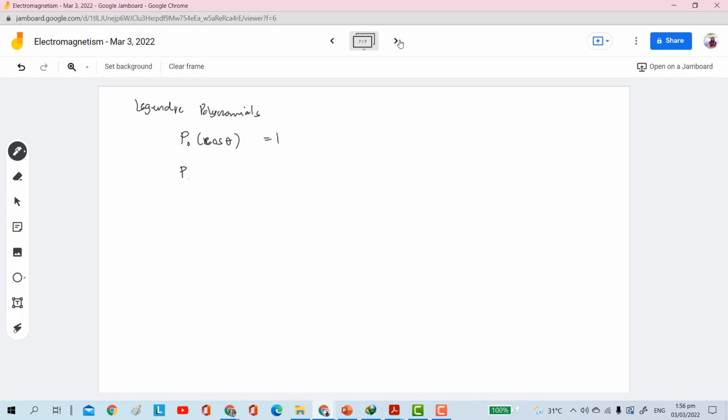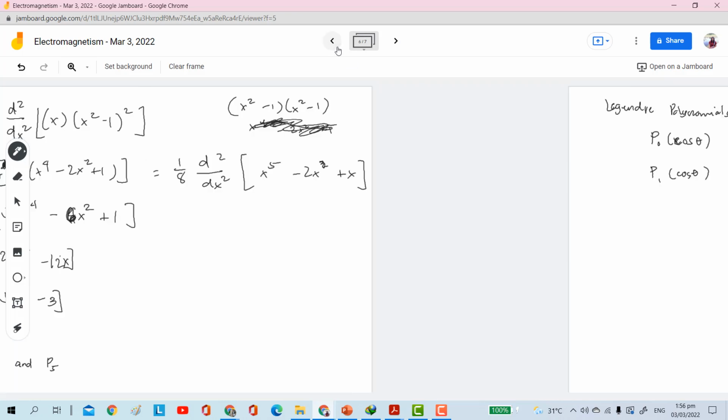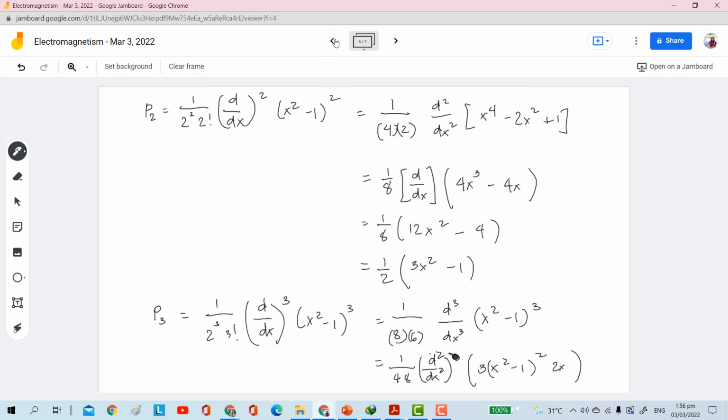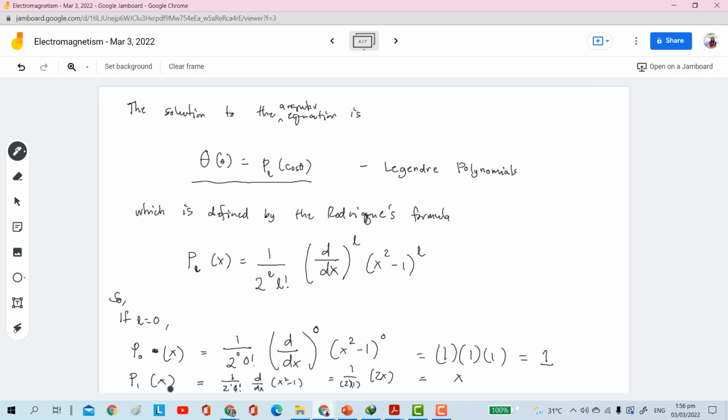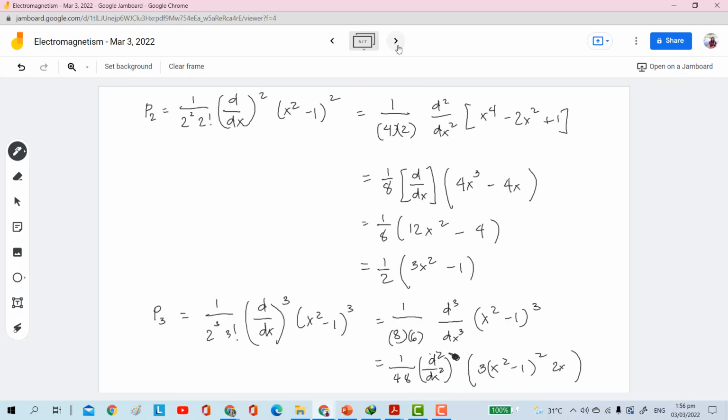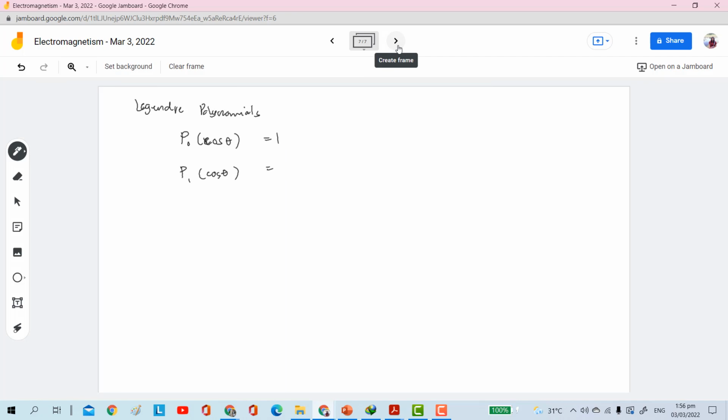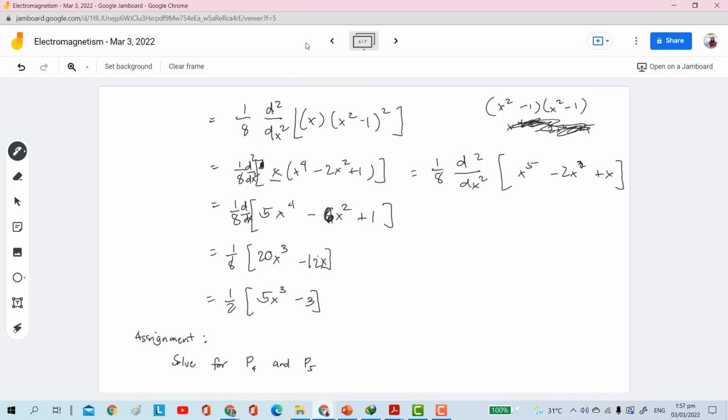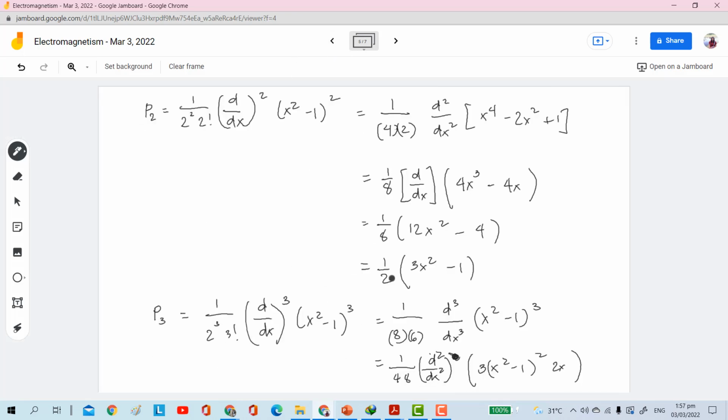And then your P sub 1 of cosine theta: P sub 1 of x is equal to x, meaning to say P sub 1 of cosine theta is equal to cosine theta. And then your P sub 2 of cosine theta is equal to 1 half of 3x squared minus 1.